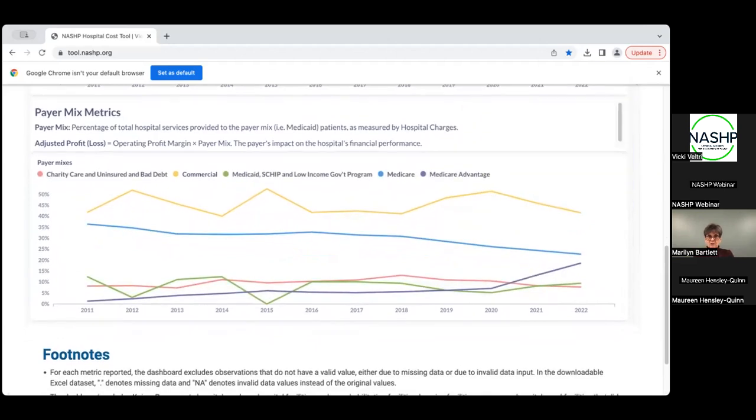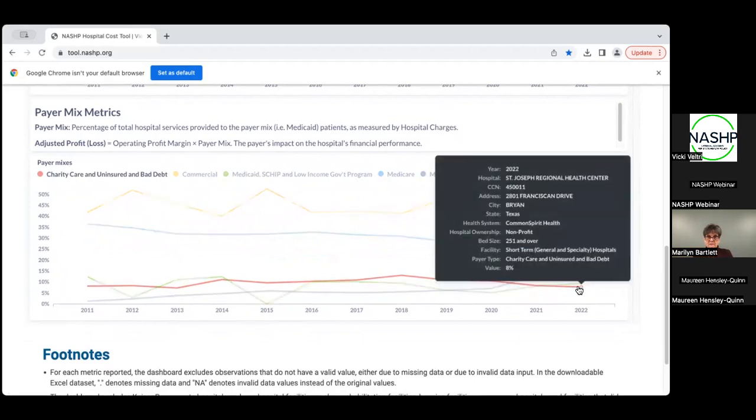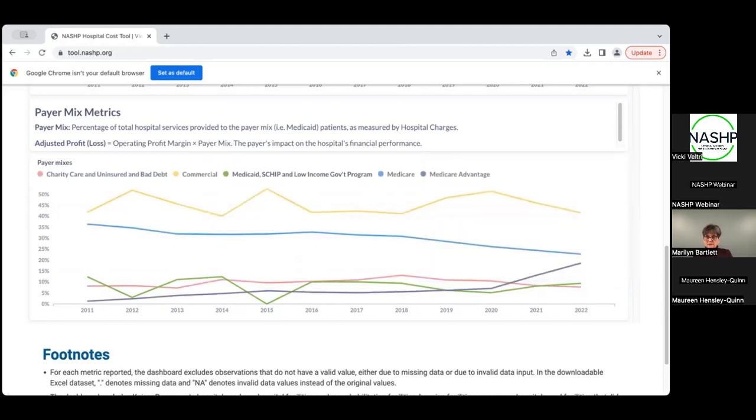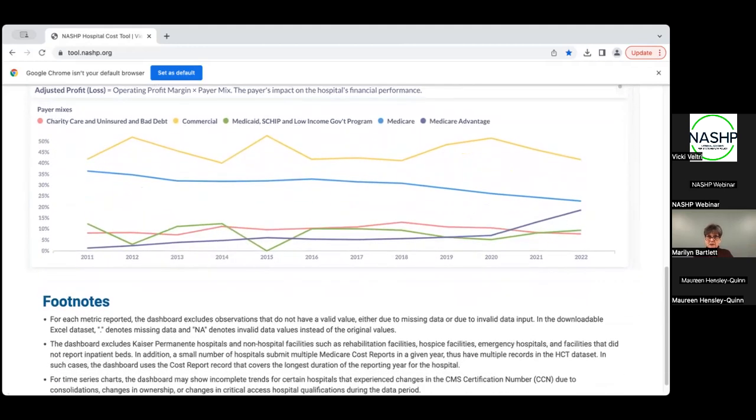We have seen over time that the blue line for Medicare and the purple line for Medicare Advantage seem to be inversely related. One comes up when the other goes down. 8% for charity care and uninsured. And then Medicaid, they're at 9%. So that's the payer mix.